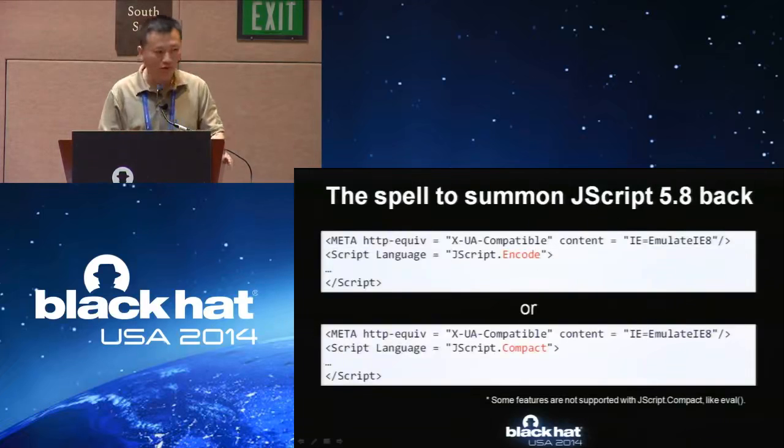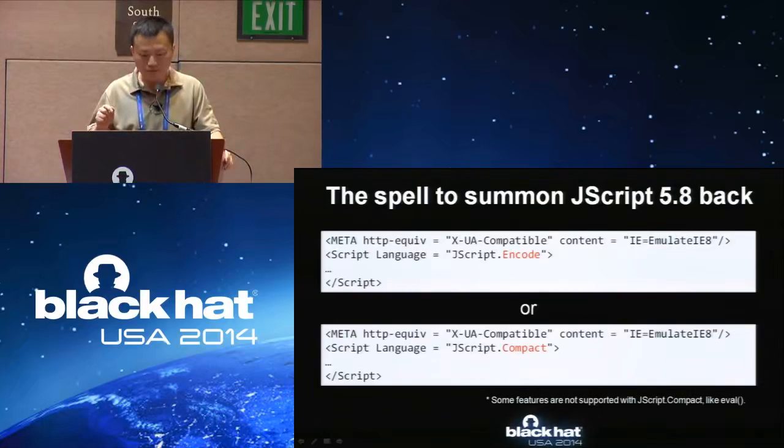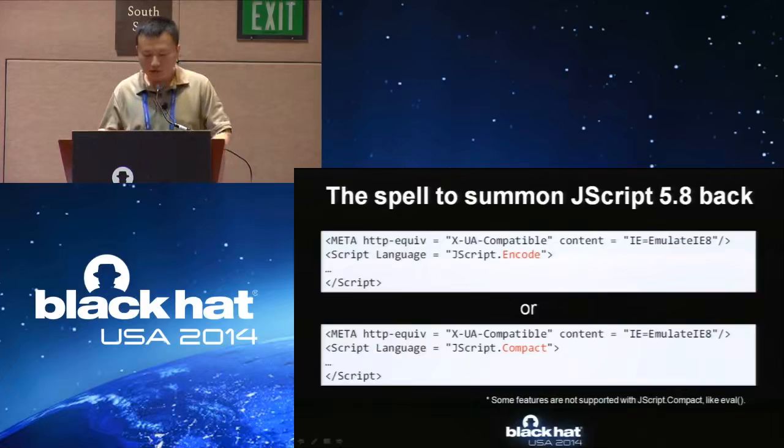This is our magic spell. JavaScript 9 did not support script encoding, so if you set the encode tag, JavaScript 5 will be recruited. The compact tag also works, but some features are not supported, like the EVAL function.